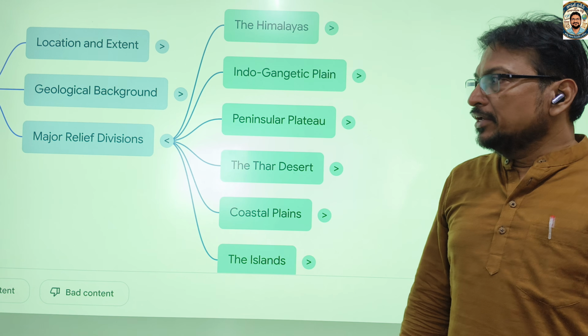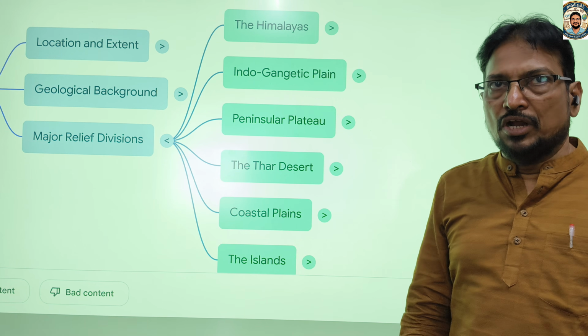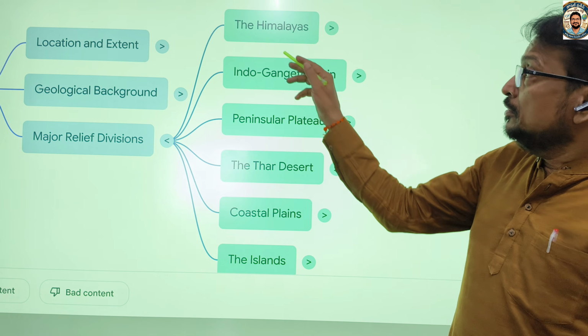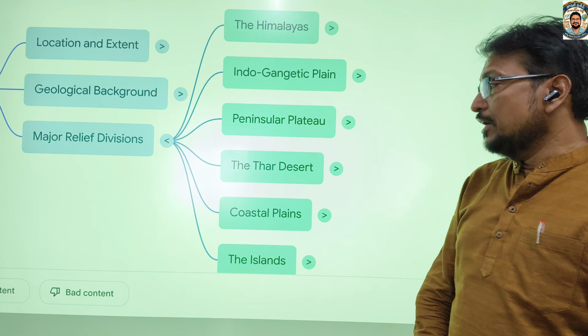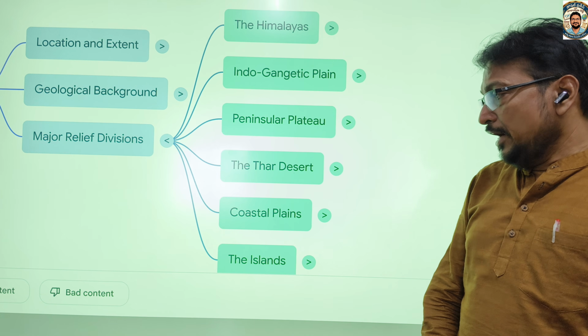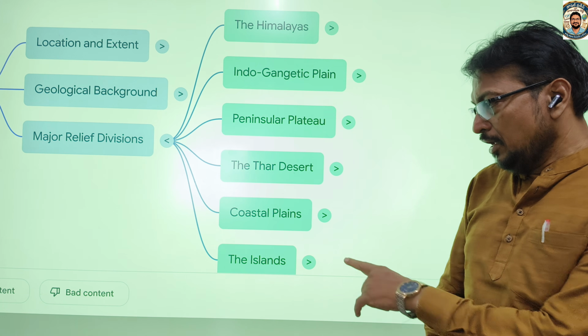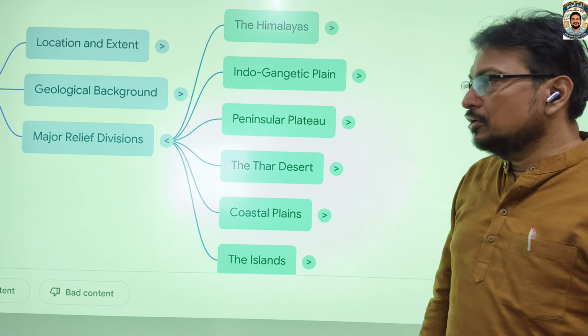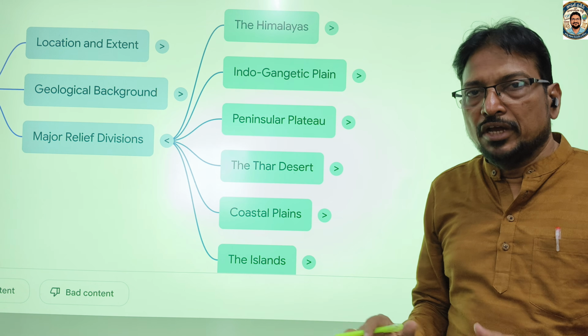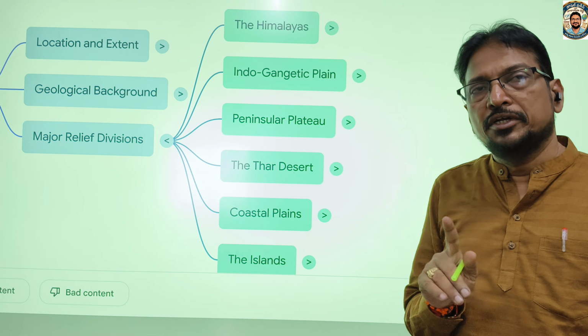Again, the major relief divisions, total 6, we already learned: Himalayas, the Indo-Gangetic plain, Peninsular Plateau, the Thar Desert and coastal plains. Last one, the islands.